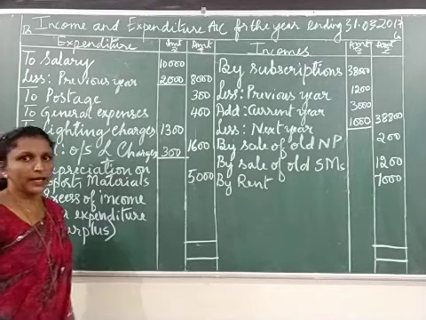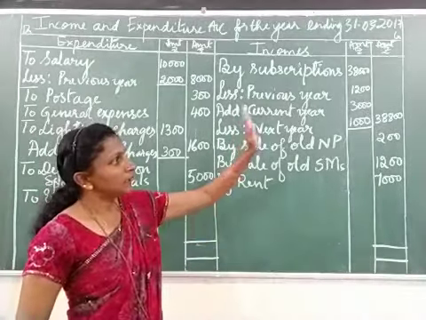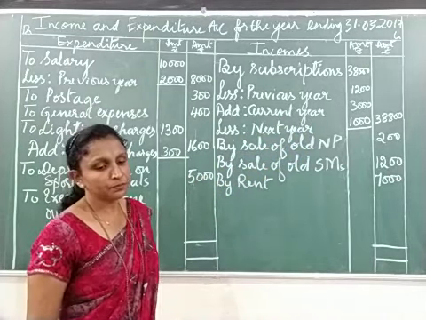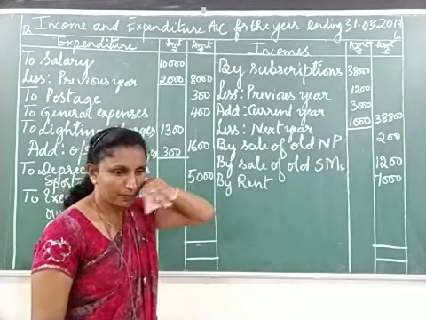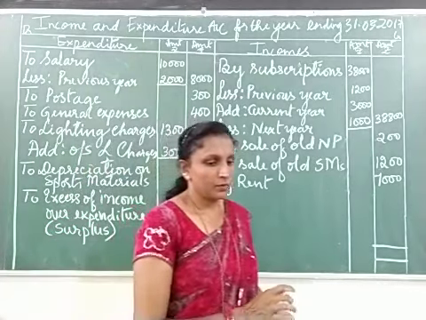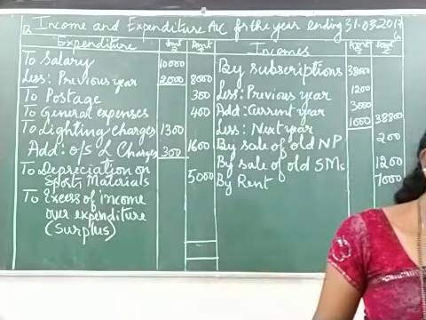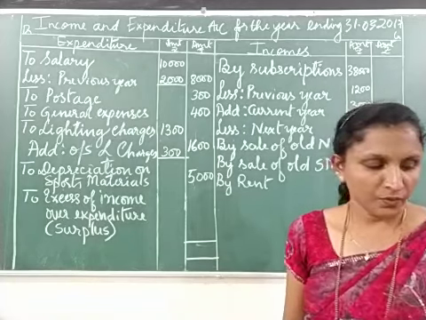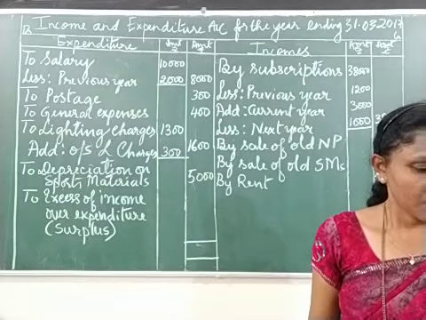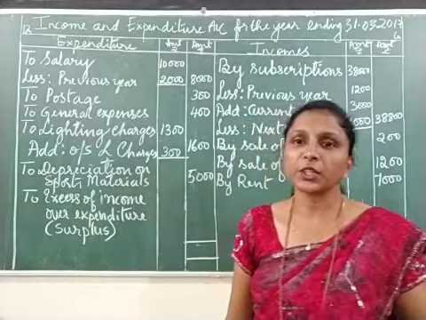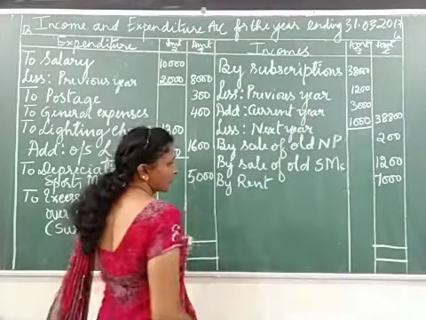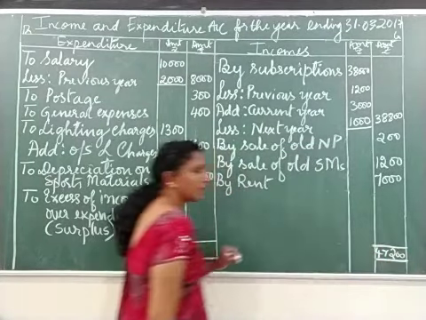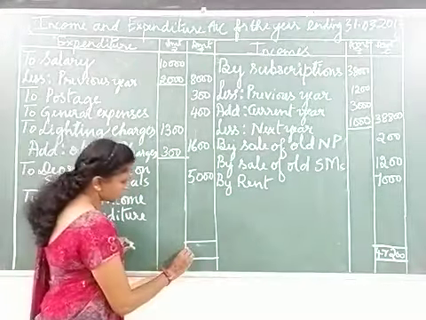Okay. Now take your calculator and add the credit side outer column amount. Add it. I think you are getting 47,200 as total. 47,200. Write the same total on the debit side also.